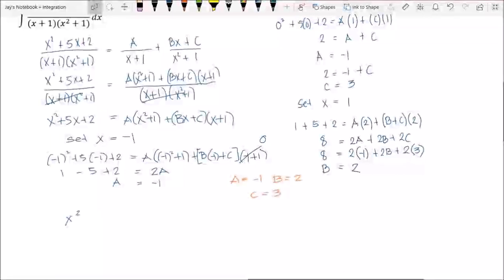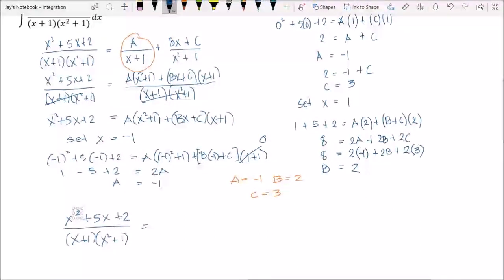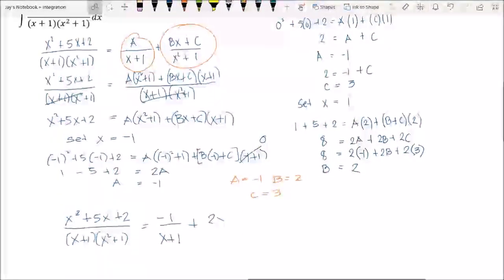X squared plus 5x plus 2 over x plus 1, x squared plus 1, that is equal to, we have this one here, that is a, negative 1 over x plus 1, plus then use again this value here, that is b, we have 2x, then we have plus 3 over x squared plus 1.